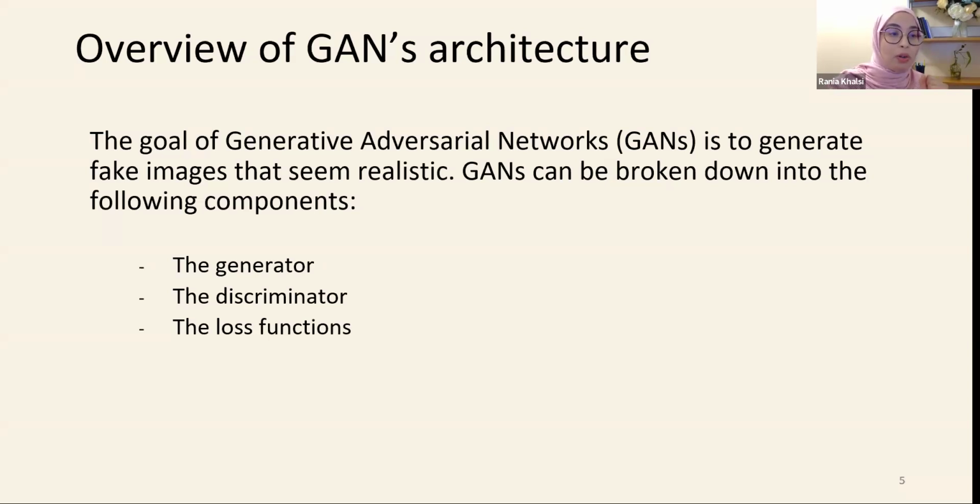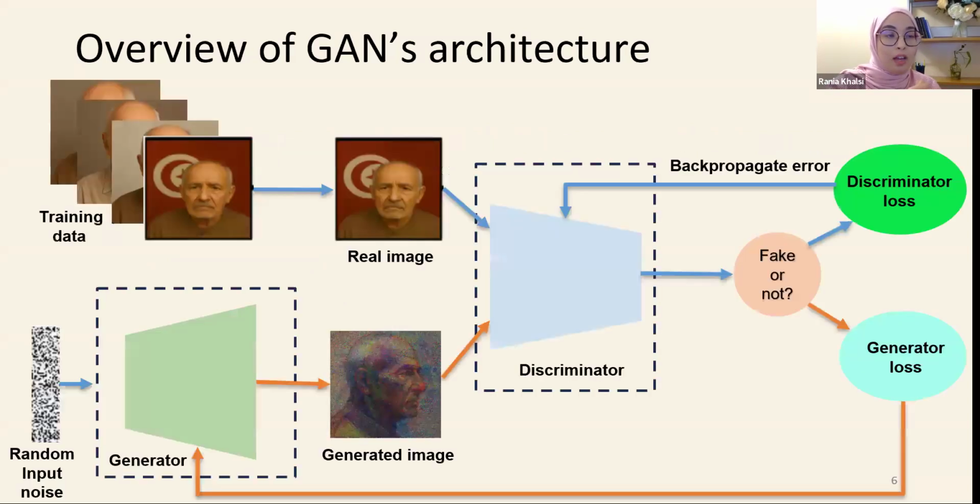Okay, so let's start with the architecture here. What we have is the generator, and the generator gets as input random input noise. So the role of the generator here, like I mentioned, is to fool the discriminator, which is on the other side. And how is it going to fool the discriminator? By generating images as realistic as possible.